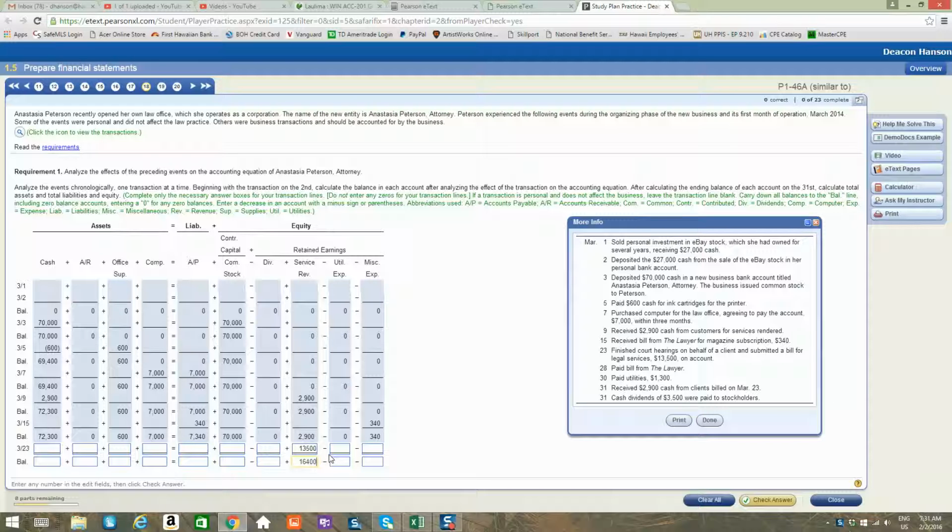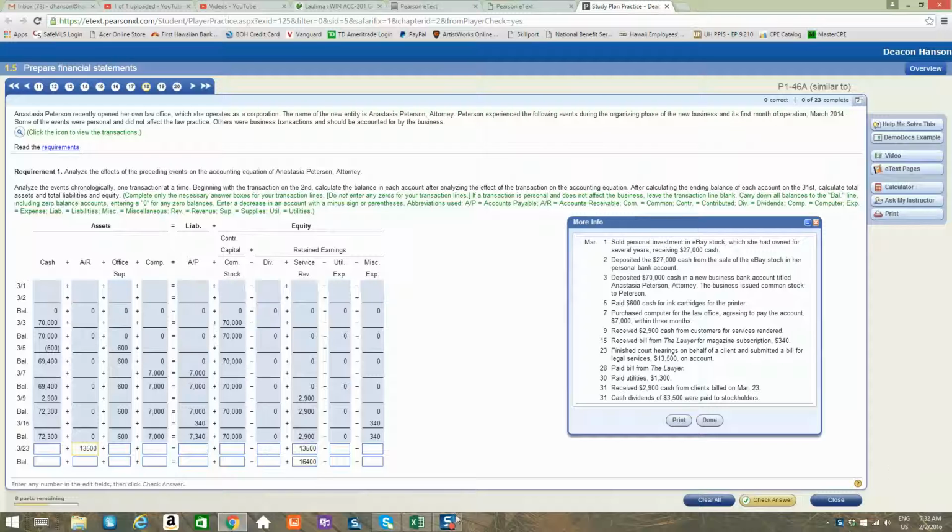Now, like I said, we're not in balance yet, but we have to reflect something on this side, and we have an accounts receivable. That means that we have a customer that still owes us $13,500. It is an asset because it is a claim to an economic resource. So it's something we own. It's a claim that we own.